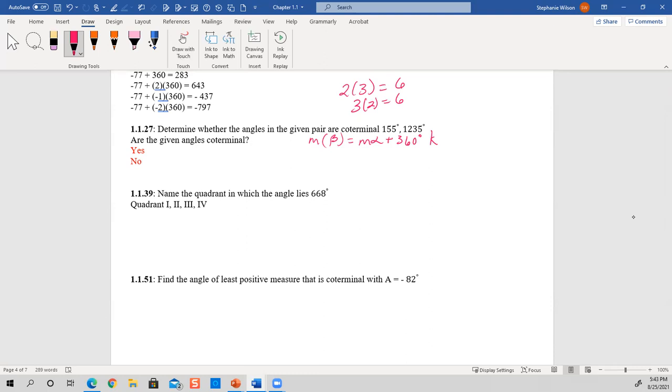Now I want to solve for k because we want to know if these two angles are coterminal. In order to do that, I'm going to plug them in. I'm going to say 1235 degrees equals 155 degrees plus k times 360 degrees, and I'm going to solve for k.